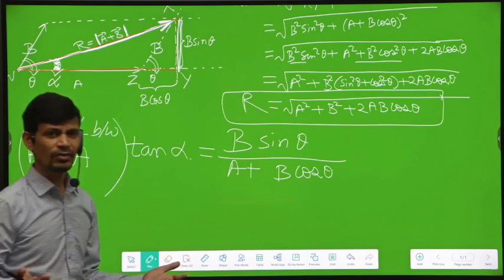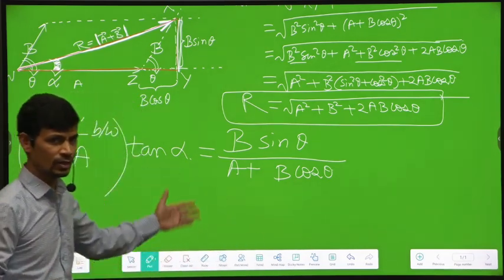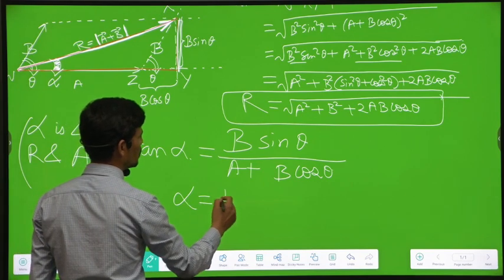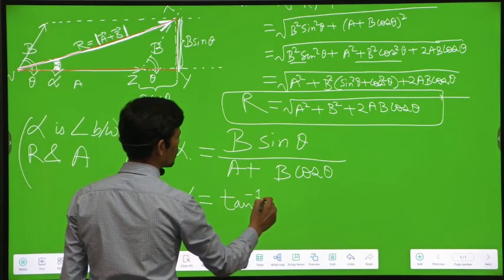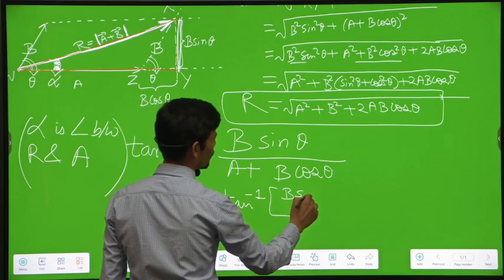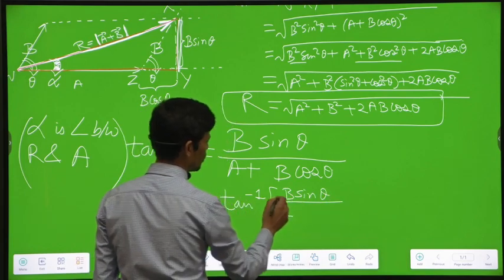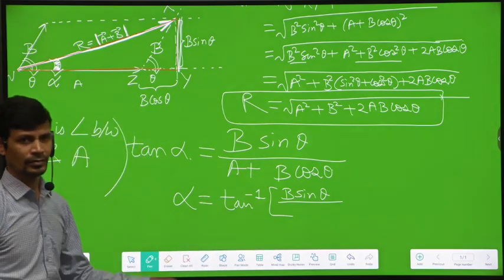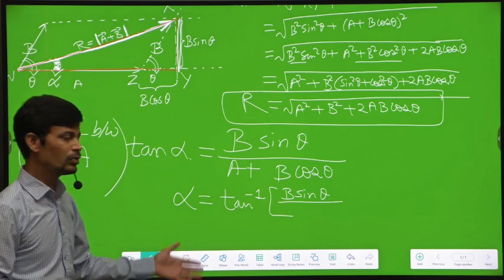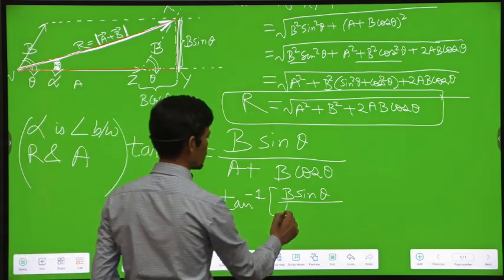We can't find alpha directly, so we make use of trigonometry. Then alpha equals tan inverse of that. This is the way to express angles. If we know the value of a particular trigonometric ratio, then we can directly write it. If we don't, we express it like this.